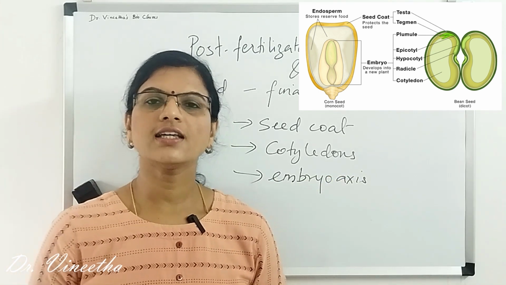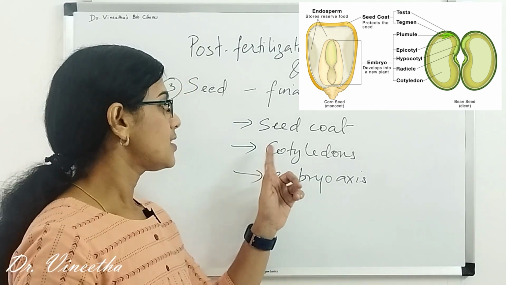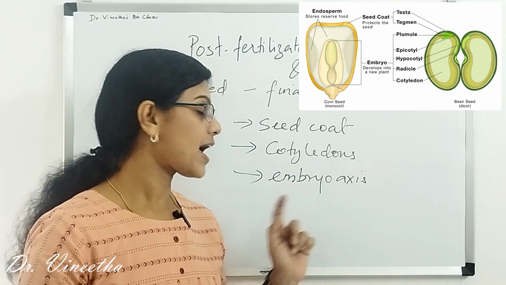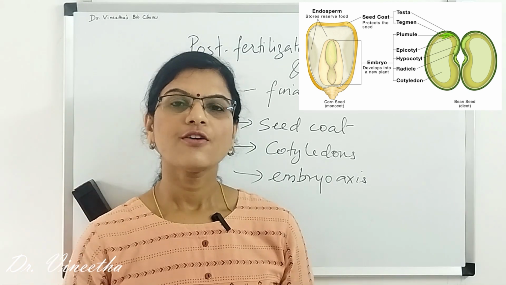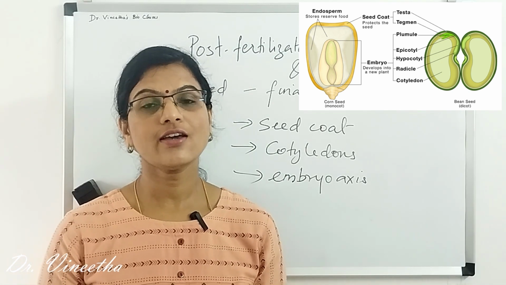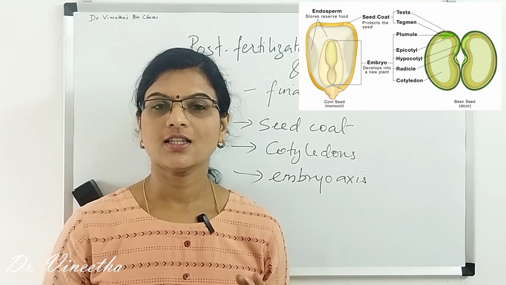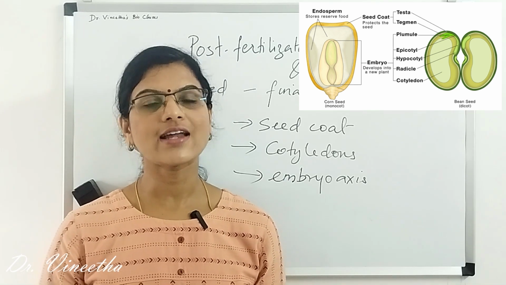So these three are the main parts of the seed. We already saw that the cotyledons serve as the food reservoir. And because of this, the cotyledons are thick and swollen.